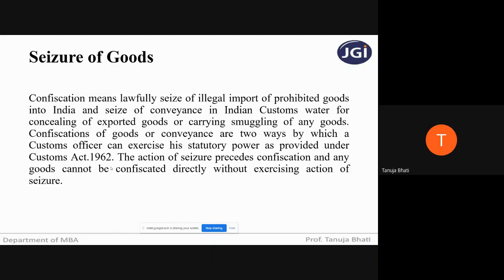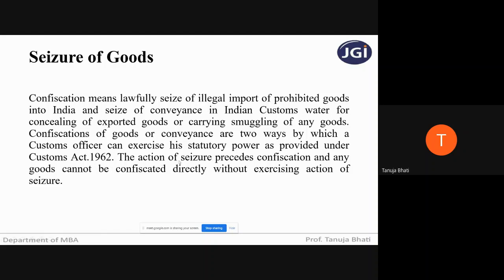Suppose the importer or exporter is hiding something or illegally doing some import or export. What power does the customs authority have? Either he can punish by taking those goods from the importer or exporter, that is confiscate, taking away those goods, or he can take away the conveyance. These are the two rights which the customs authority has in respect of goods that are illegally imported.